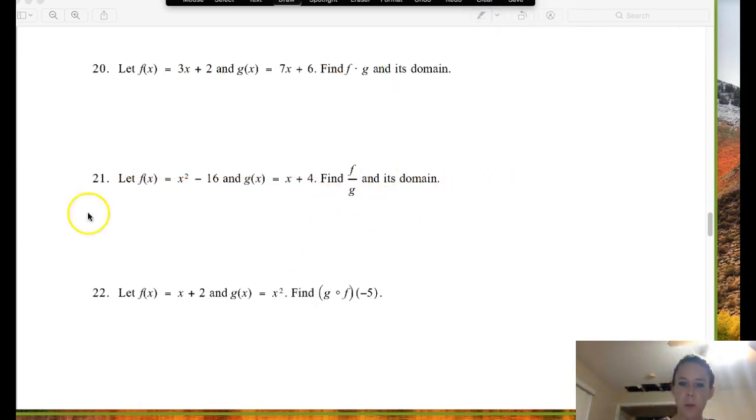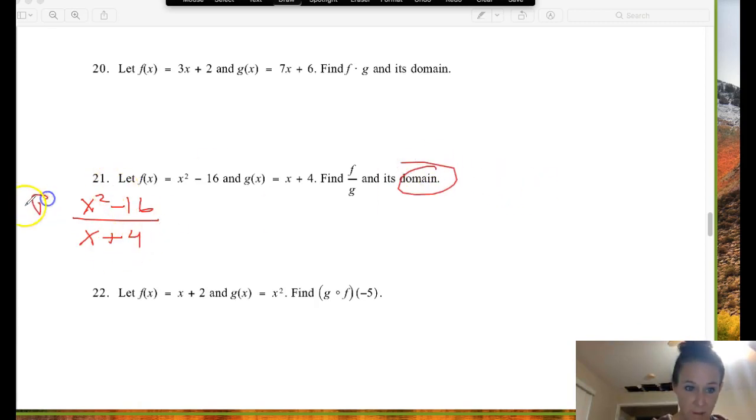All right, we need to state the domain for 21. So let's do that. We're doing f divided by g of x. So we take our f function, x squared minus 16, and we divide our g function, x plus 4. Okay, let's first state domain with our original function, because this is f over g unsimplified. This is what it looks like. We're going to simplify it, but let's state our domain before we simplify it. And the reason is, look at the denominator. Anytime you divide by a variable, you have restrictions.